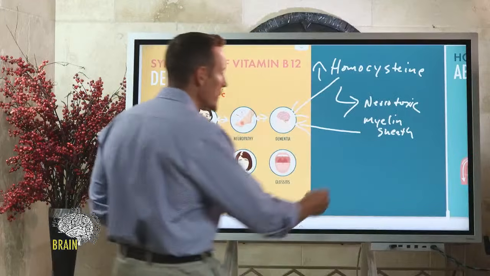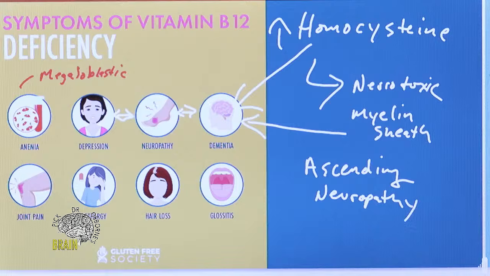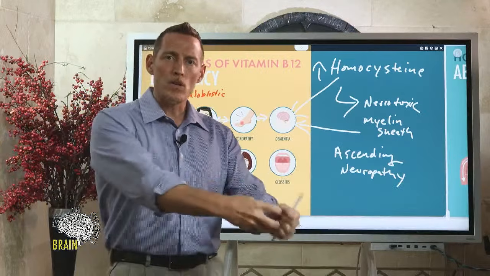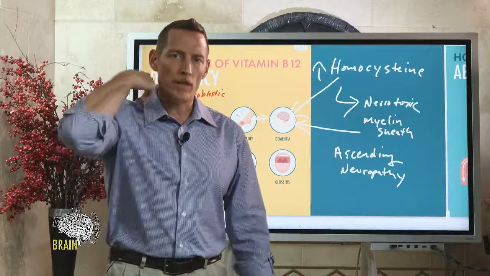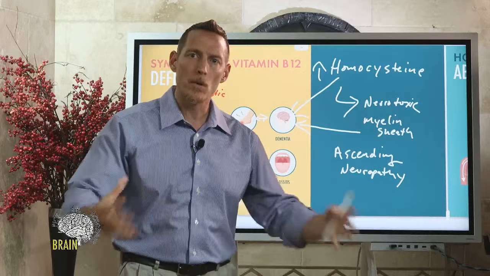If you have something called ascending neuropathy, let me delineate what that is. Ascending neuropathy means the nerve damage starts in either the toes or the fingers, and it moves its way up. Instead of starting from the spine and moving its way out and down, it starts from the extremity and moves its way up.